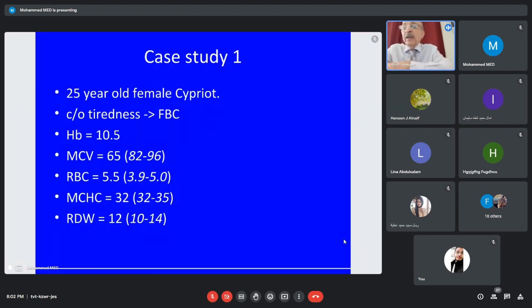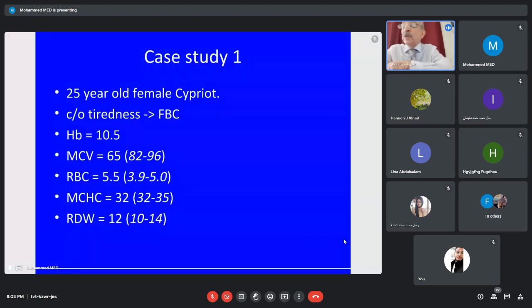The question says, a 25-year-old female, Cypriot. And here they refer to this. Cypriot means from Cyprus. And as you know, Cyprus is from the Mediterranean basin. Thalassemia is common in this area.